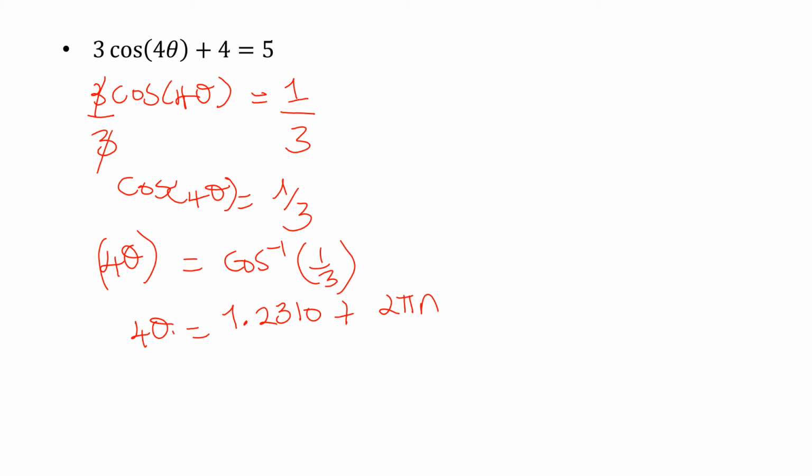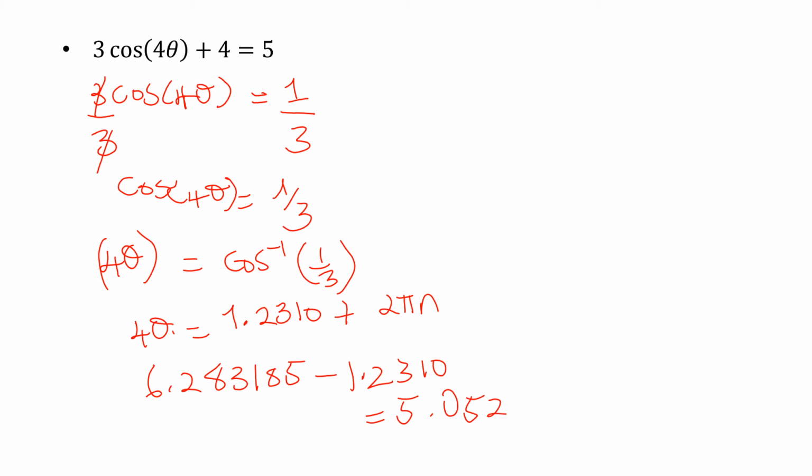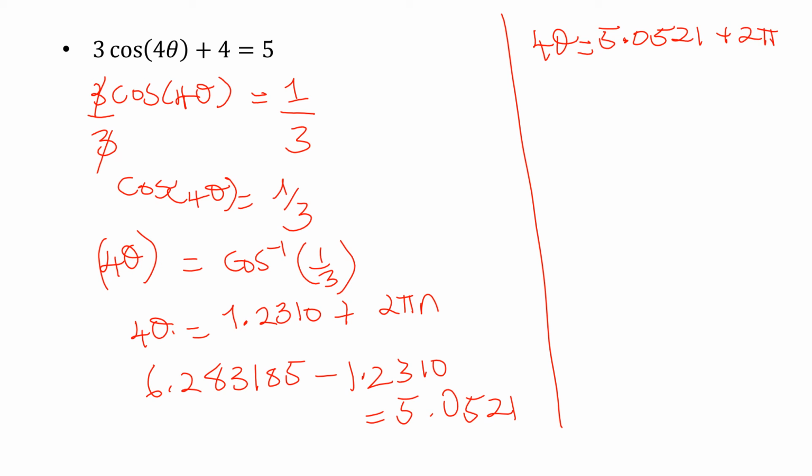We're going to subtract 1.2310 from 2 pi. 2 pi is equal to 6.2831 minus 1.2310. With 4 decimal places, that gives 5.0521. So the second solution is 4 theta equals 5.0521 plus 2 pi n.